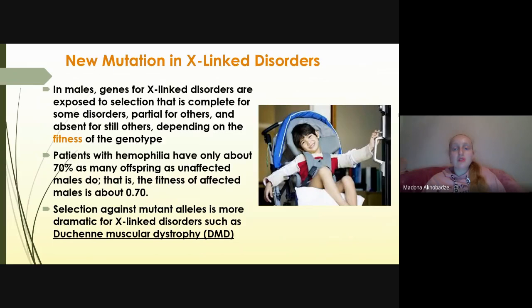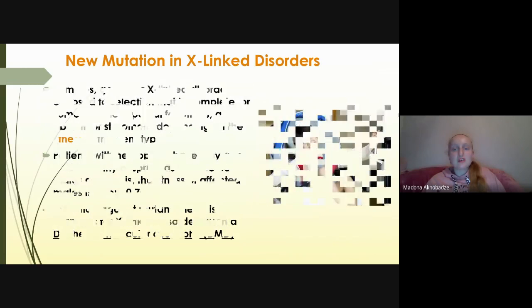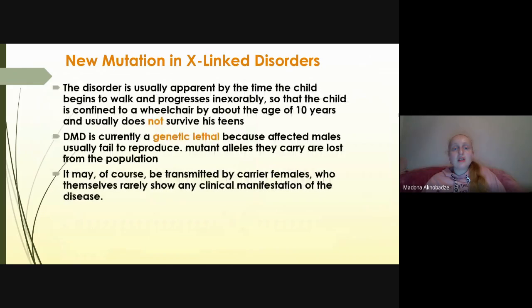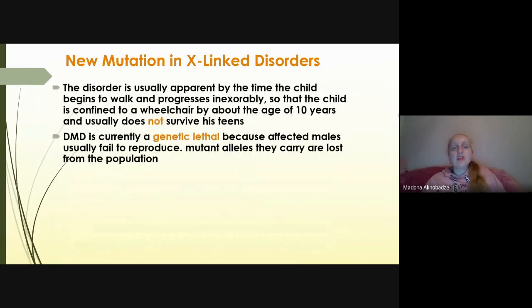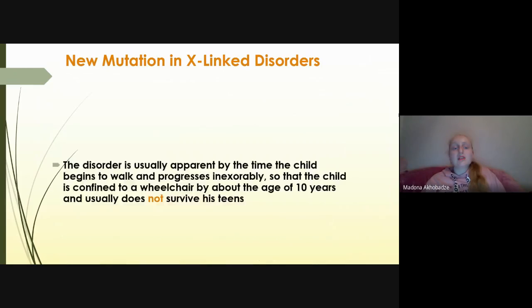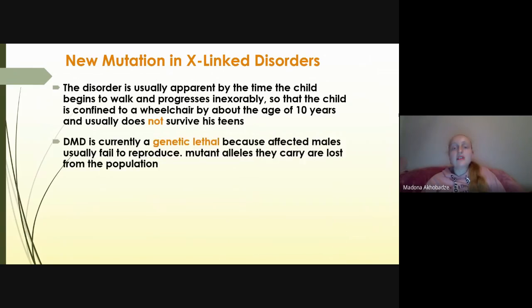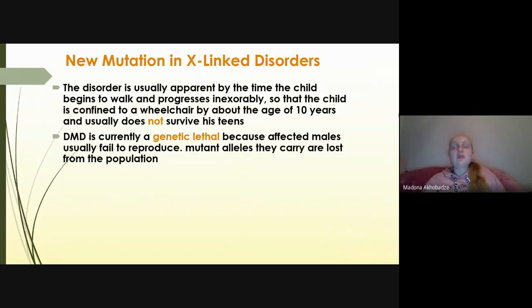Duchenne muscular dystrophy impairs the fitness of the individuals genetically. Because DMD has zero fitness, it should be genetically lethal. It means it should die out in one generation because these individuals are not able to pass the disease on to the next generation, because of the zero fitness.